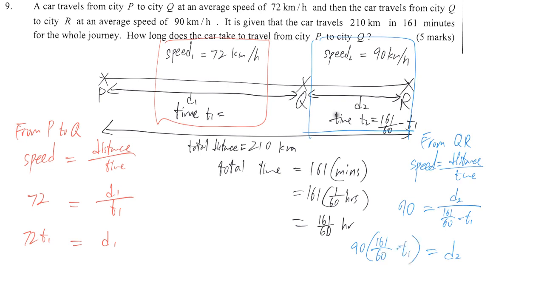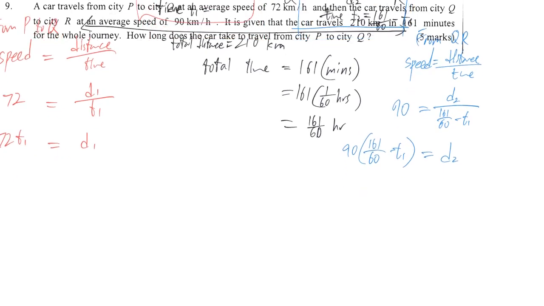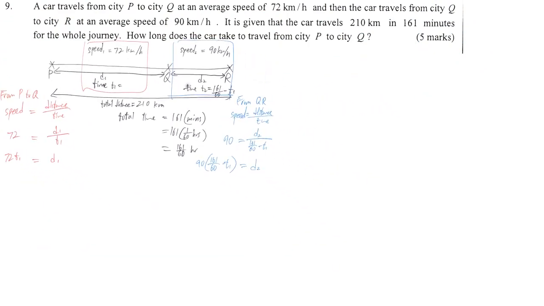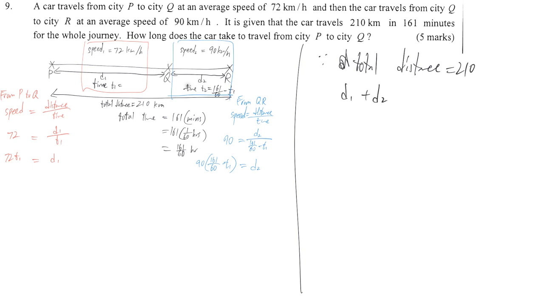And don't forget that we have the total distance here that we didn't use. So finally, we write down that since the total distance is equal to 210, d1 plus d2 is equal to 210.